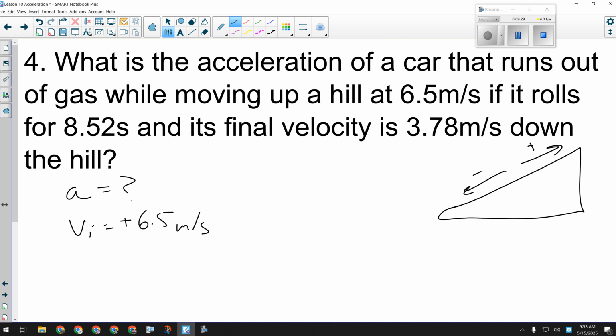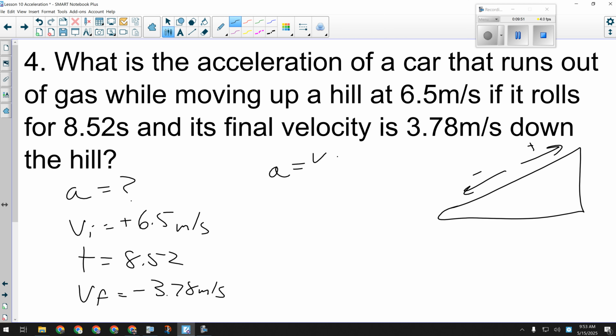It rolls for 8.52 seconds, and its final velocity is 3.78 meters per second down the hill. Negative 3.78 meters per second. Important that I put those vectors in.